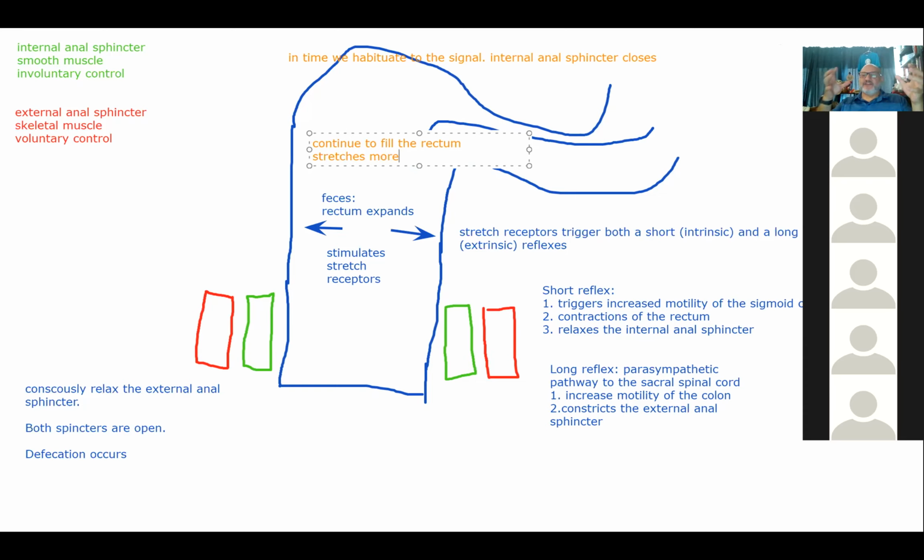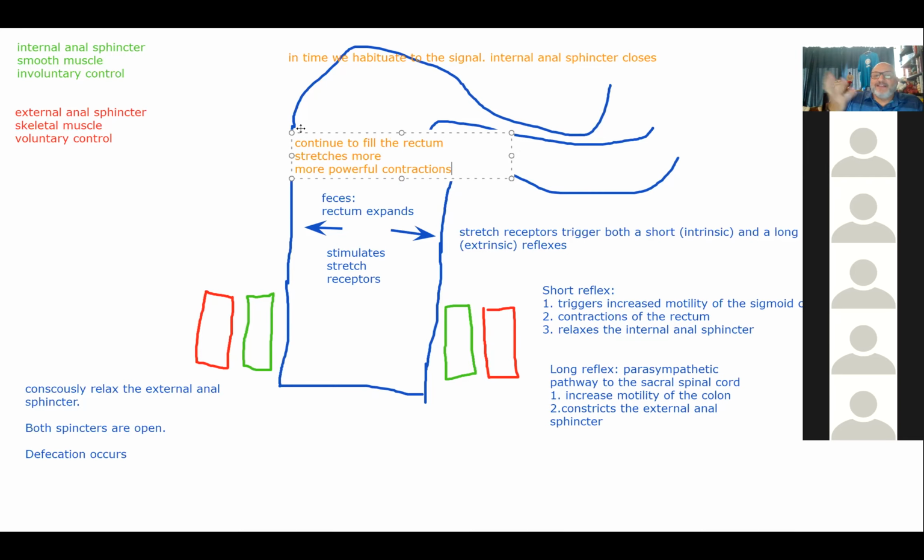It needs a next critical point of stretch, and now the contractions become more powerful. But now you're only 20 minutes from the rest stop, so you still have to hold it. And eventually it habituates and goes away. But in a few minutes, as the rectum continues to fill, it becomes more and more powerful.